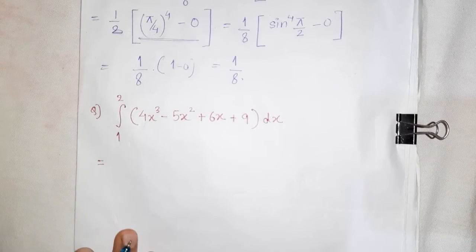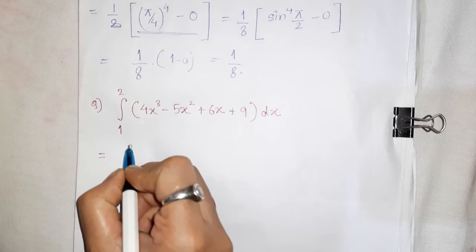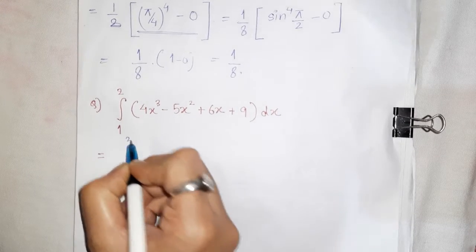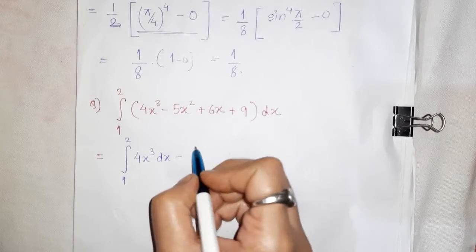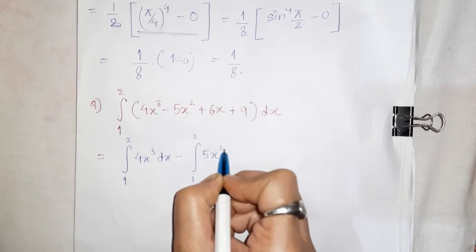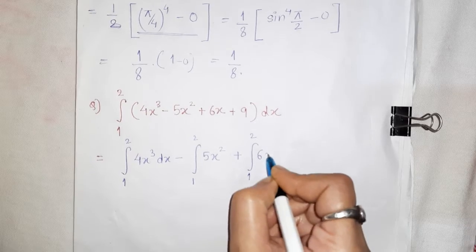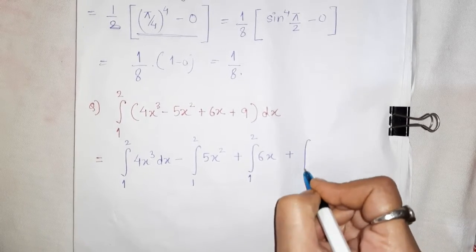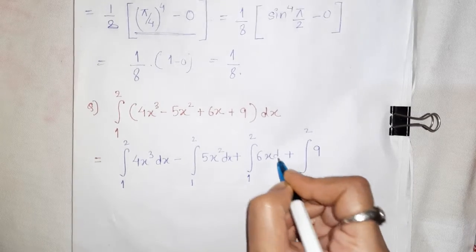If you are not able to do it together, you can write in this way. Integration from 1 to 2, 4x cube minus integration from 1 to 2, 5x square plus integration from 1 to 2, 6x plus integration from 1 to 2, 9. You have to write dx.